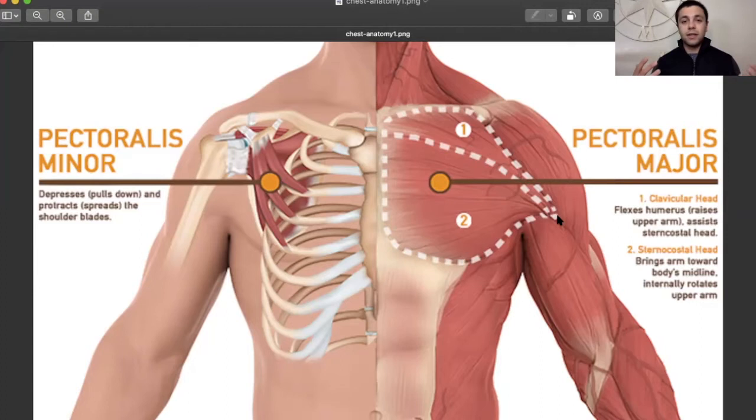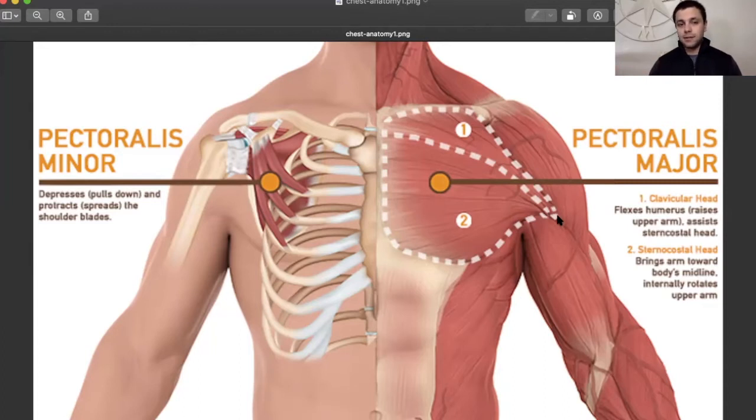Both heads are responsible for the typical movements we're familiar with in the pectoralis, whether that's shoulder horizontal adduction, flexion, a little bit of internal rotation, etc.